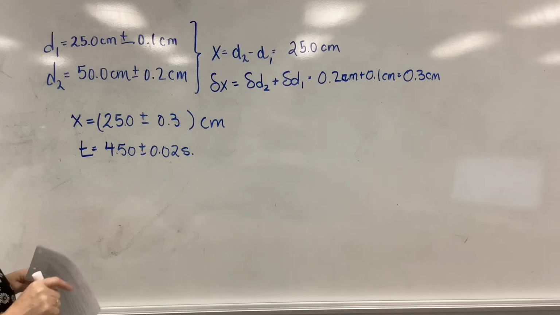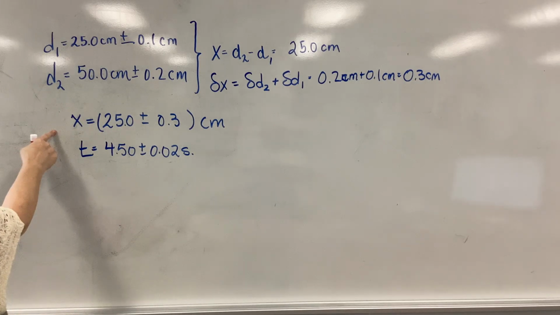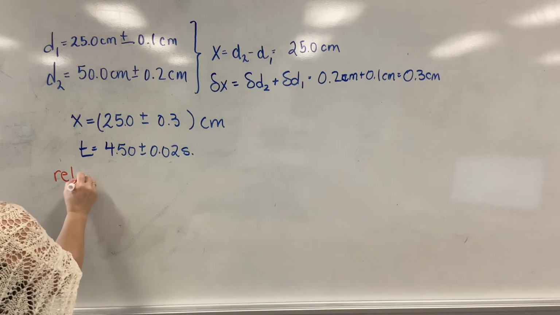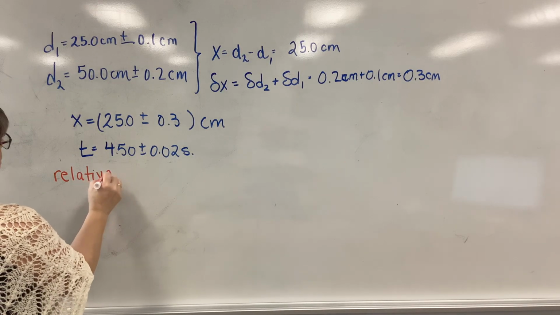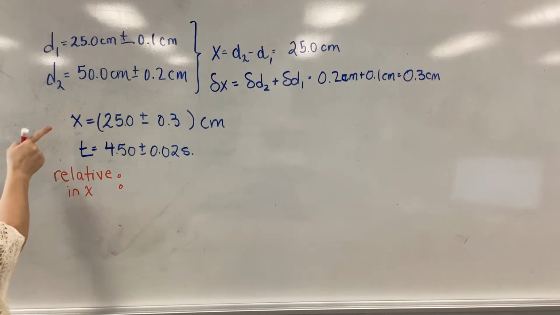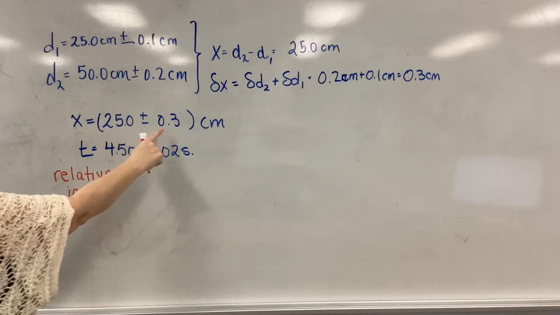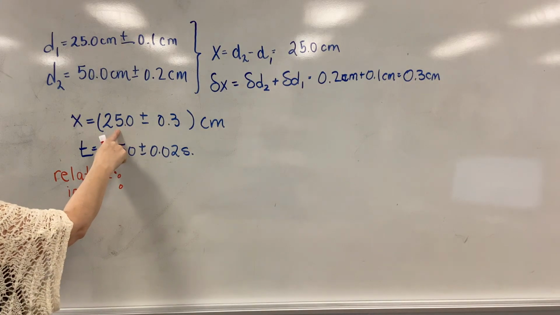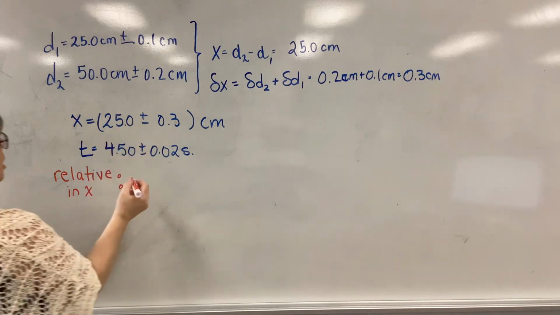You're asked to find the relative uncertainty in x. The way we calculate a relative uncertainty is we take the absolute uncertainty for the number and divide it by the number itself. So the uncertainty divided by the number.